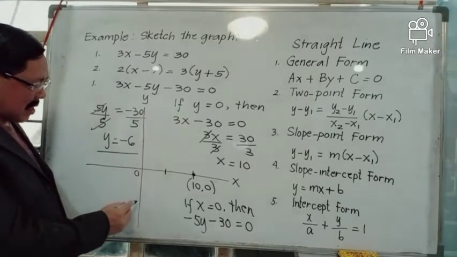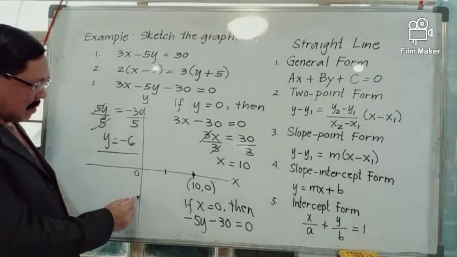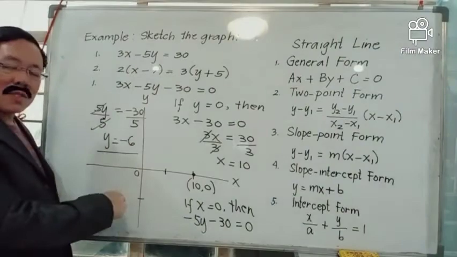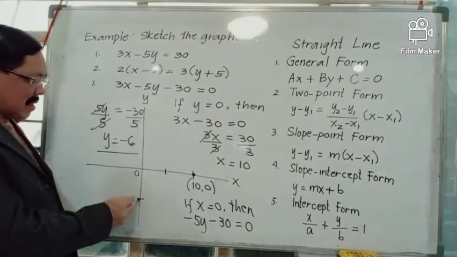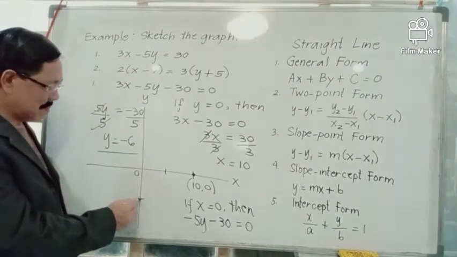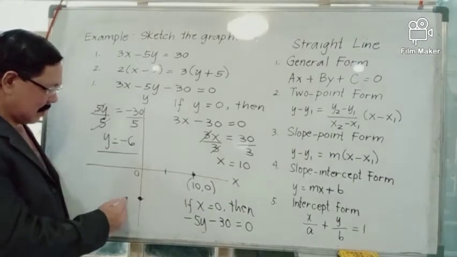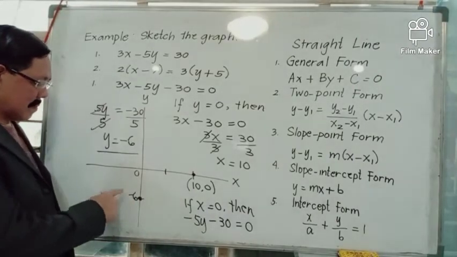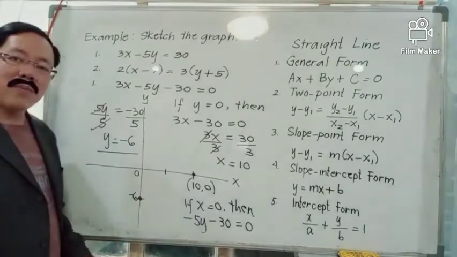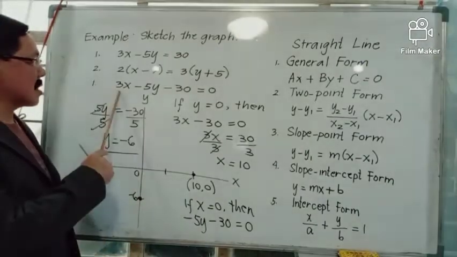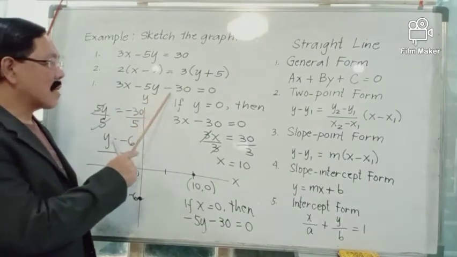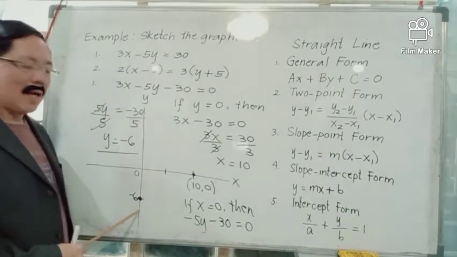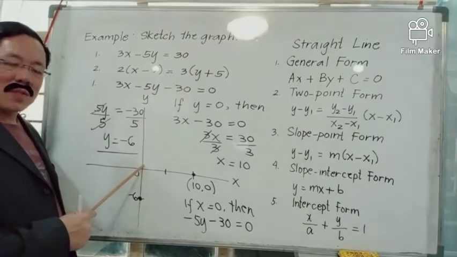We locate negative 6 on the vertical axis. Since y is negative, this point is below the x-axis. The line whose equation is 3x minus 5y minus 30 equals 0 will pass through this point on the y-axis at y equals negative 6.